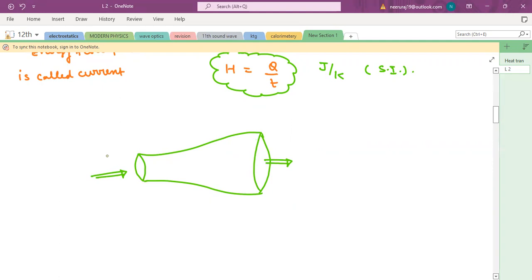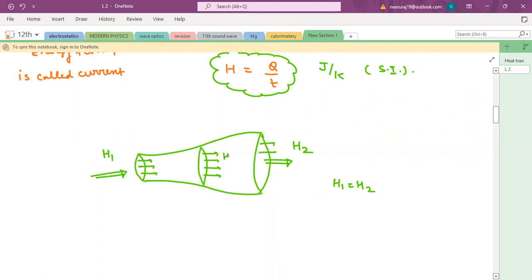So suppose from this end, heat current is H1, and from this end, heat current coming out is H2. As you know, inflow of the heat current should be equal to outflow of the heat current. So H1 should be equal to H2. But in any cross section, just as current flows through a cross section, similarly heat current also flows through a cross section.